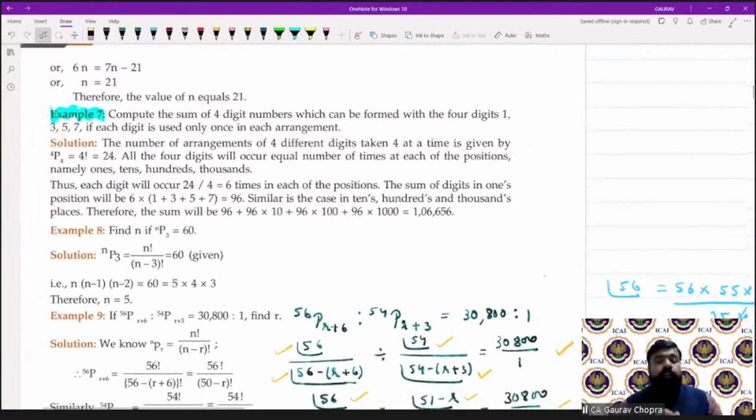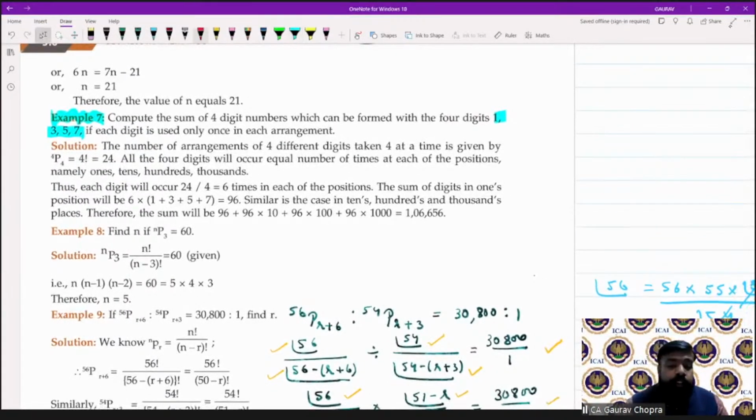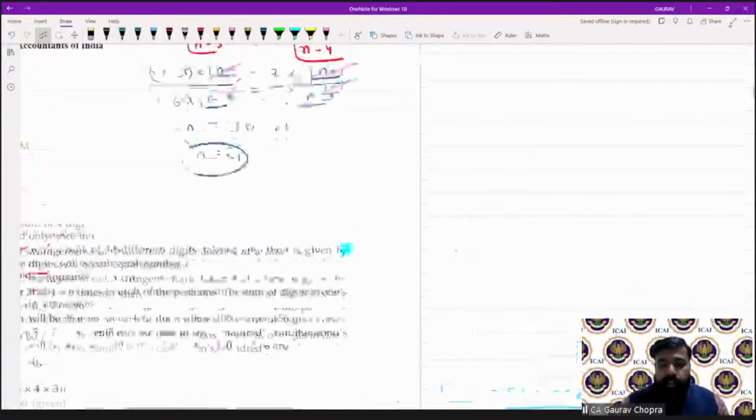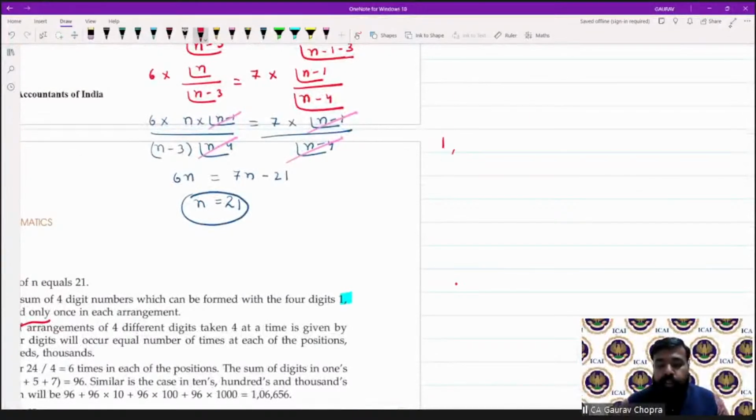First of all, we have to see how many numbers can be formed using these 4 digits, 1, 3, 5, 7.